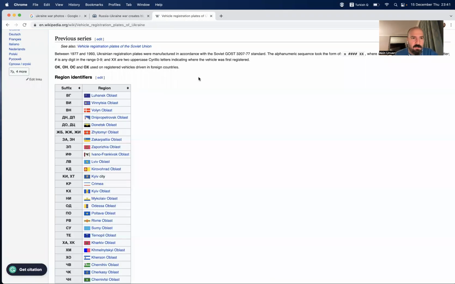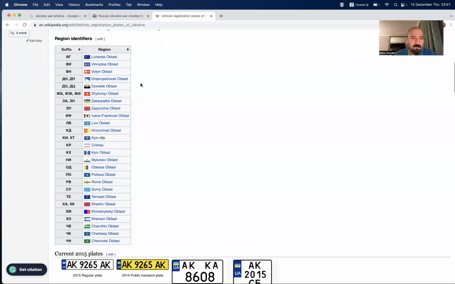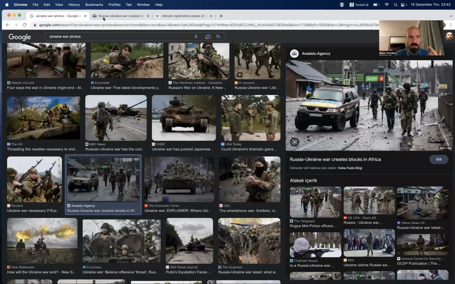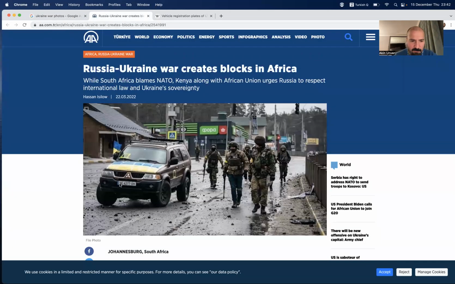I'm looking at previous plates between 1977 and 1993. And okay, I got a hit. The format for Ukrainian license plates is letter, letter, four numbers, letter, letter. And when I look at this, it actually matches: letter, letter, four numbers, letter, letter.